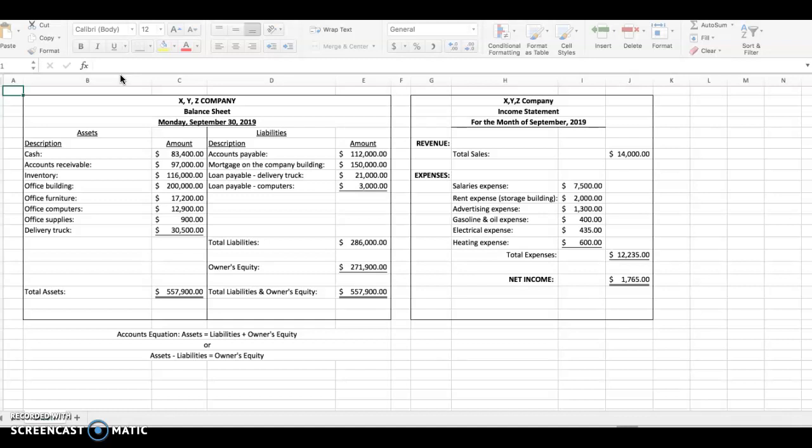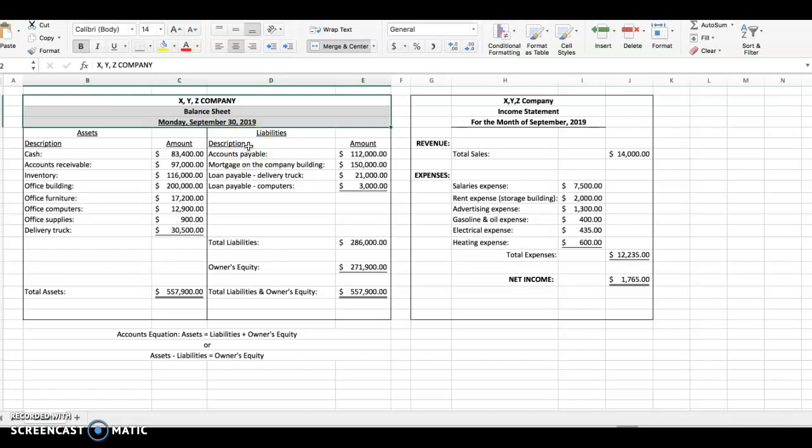First of all, remember that the balance sheet for this company, the XYZ company, is like a snapshot. It's a picture of the business on a particular date. This happens to be September 30th, 2019. On that date, we have information about the business, assets, liabilities, and a very important figure called the owner's equity.